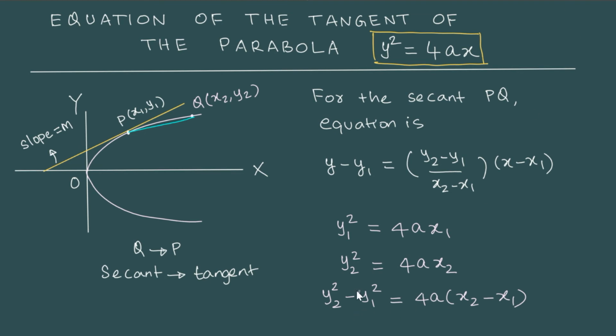Here, if I write y2 square minus y1 square as the product of y2 minus y1 into y2 plus y1, we get y2 minus y1 into y2 plus y1 is 4a into x2 minus x1.